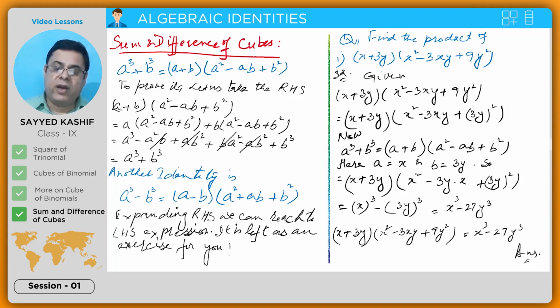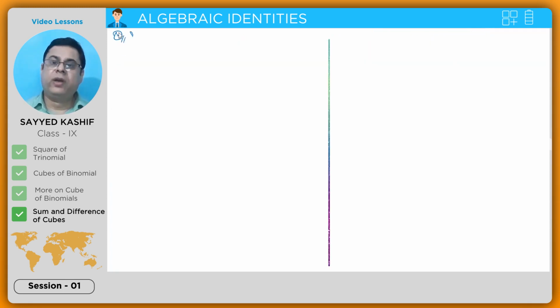So (x plus 3y) into (x square minus 3xy plus 9y square) equals x cube minus 27y cube. This is our answer. So we have learned about the identities of sum and differences of cubes. Now it's time to do some interesting examples.